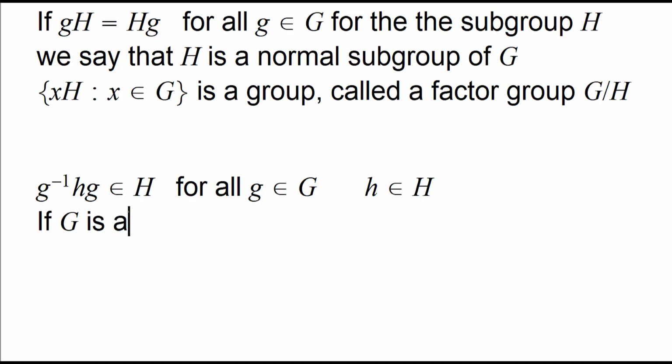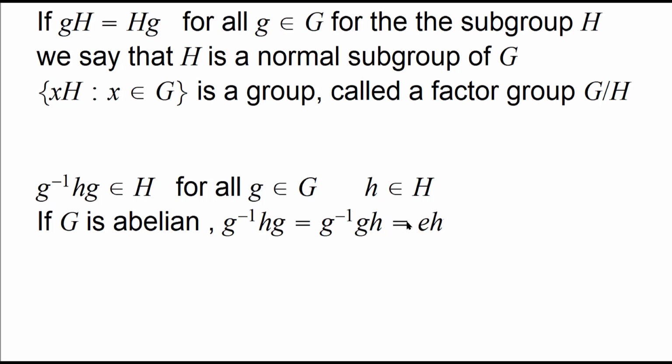Now, if G is abelian, that is, the operation is commutative, then what happens? I can just write HG as the same as GH, right? And G inverse G is the identity. Identity times h is h, and that will be in H, right?